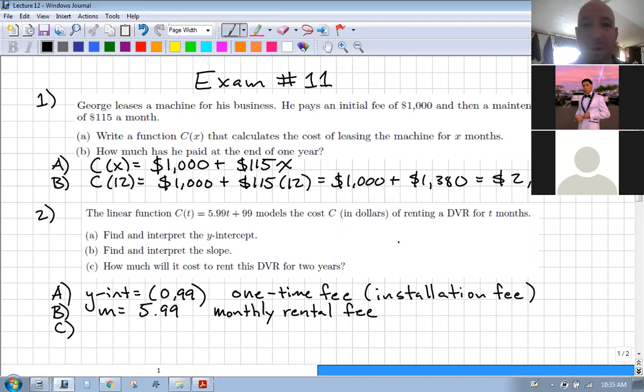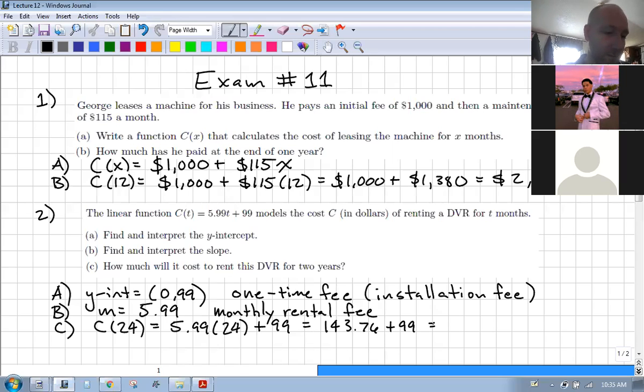Well, since this thing is in months again, 2 years is 24 months. So $5.99 times 24 plus 99. So let's see, 5.99 times 24 is 143.76 plus 99, gonna be $242.76.